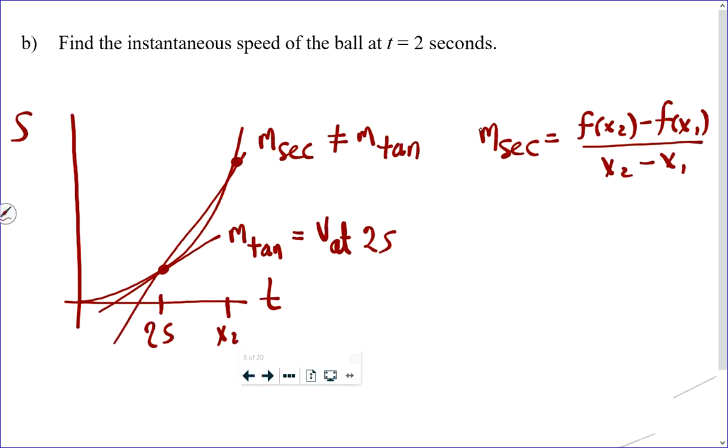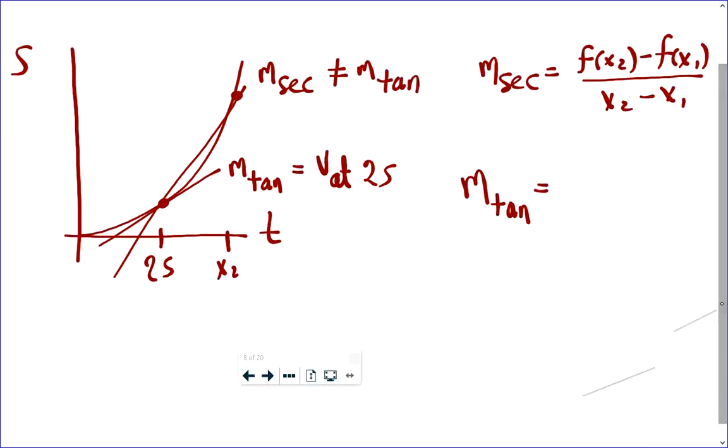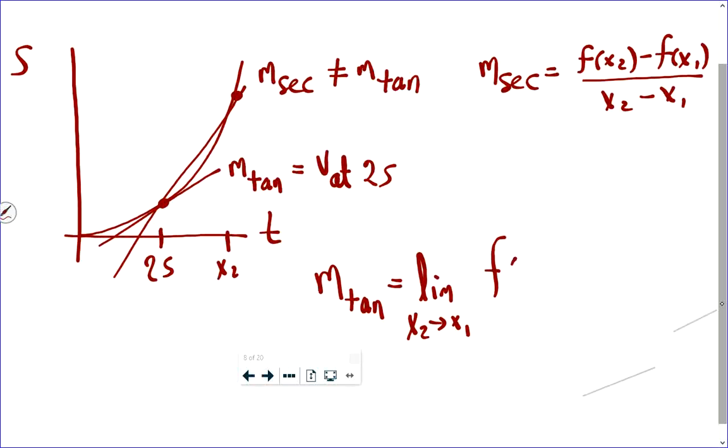So this formula that I'm developing here for the slope of the tangent is kind of a hybrid between the thing we were doing with the x approaching a thing and something else. The slope of the tangent would be equal to the limit as x2 approaches x1 of the slope of the secant.